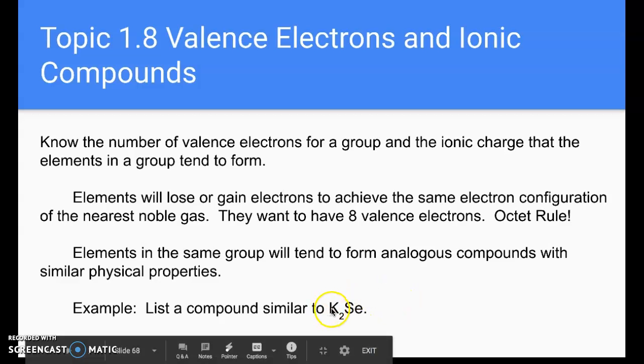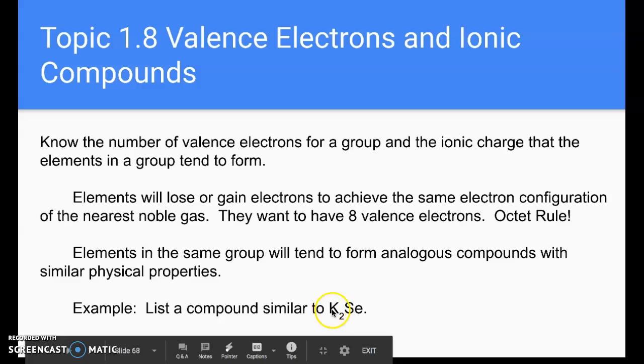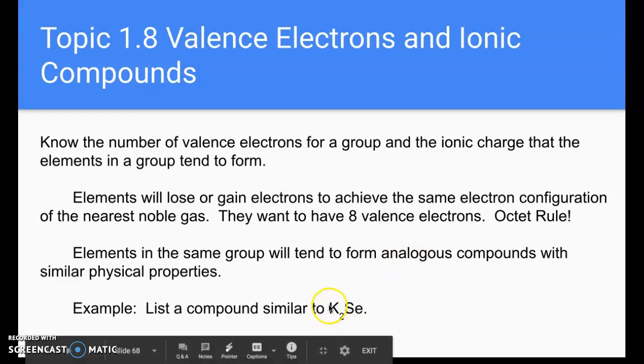So with potassium, the element above potassium is Na, sodium. And the element directly below it is rubidium, Rb. So you could substitute in sodium for potassium, and that would be what's called an analogous compound. So it would be Na2Se, or it'd be Rb2Se.